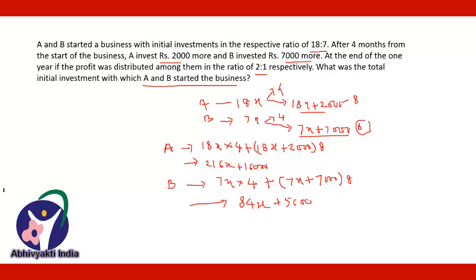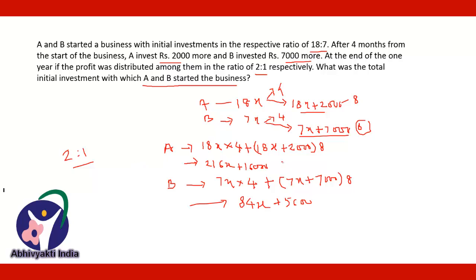Now whatever profit they get, they divide it in the ratio of 2:1. It is given, and when they are dividing the profit in the ratio of 2:1, it means their investments are also in the ratio of 2:1.